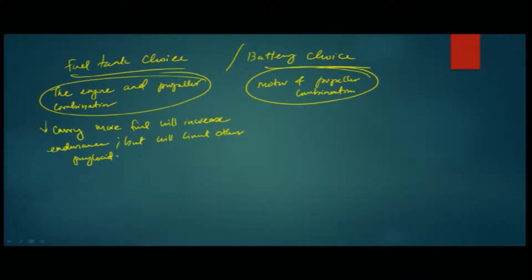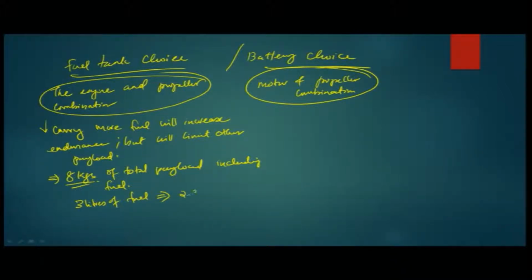So, on an average we can think about it this way: the payload capability was somewhere close to 8 kgs of total payload, including fuel. So, if you carry 3 liters of fuel, that will translate to something close to 2.8 kilograms.